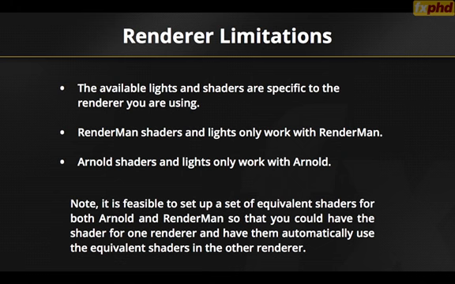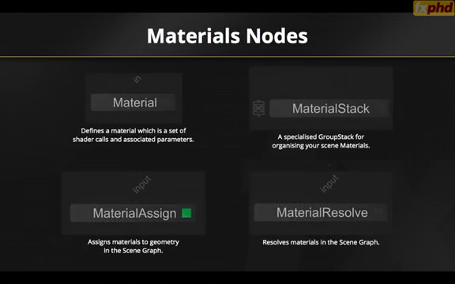Now, when creating materials, and we're going to get back into Katana in a moment, there are primarily 4 nodes that we're going to be using, and they're all under the material something. So there's material, the material stack, the material assign, and the material resolve. So the material we already looked at in class number 2, and this basically defines a single material, which is a set of shaders, calls, and associated parameters.